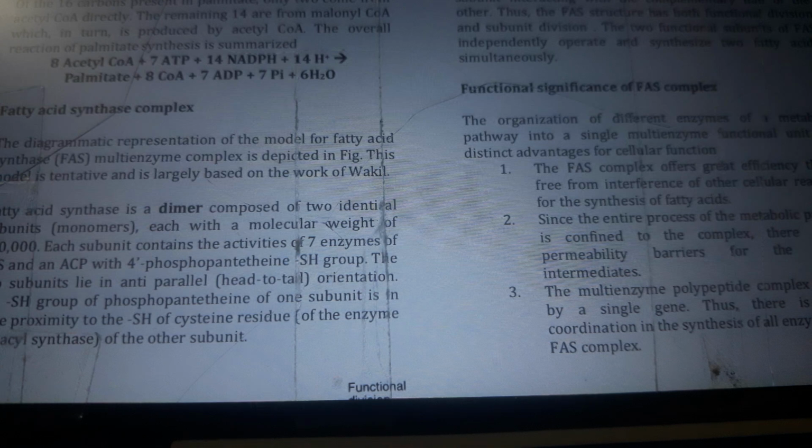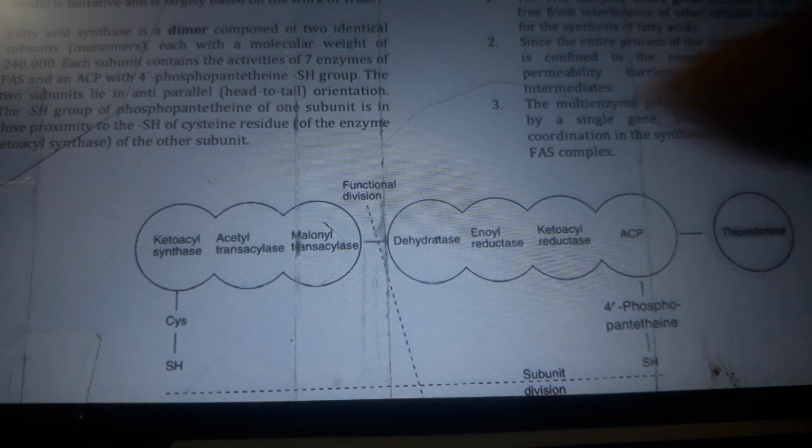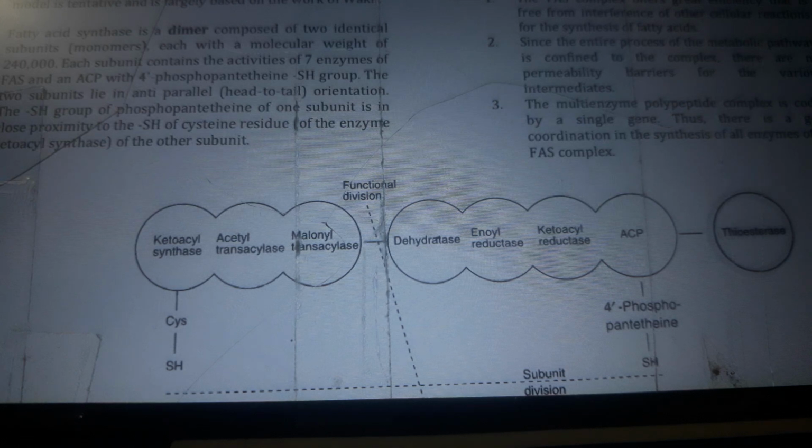Fatty acid synthase complex. The diagrammatic representation of the model for the fatty acid synthase (FAS) multi-enzyme complex is depicted here. Now this model is tentative and is largely based on the work of Wakil. Fatty acid synthase is a dimer composed of 2 identical subunits, monomers, each with a molecular weight of 240,000.